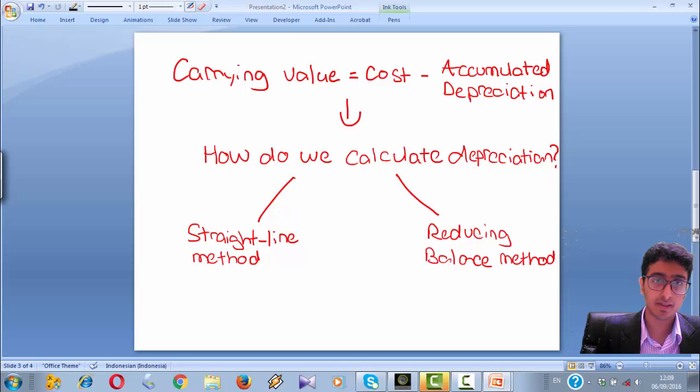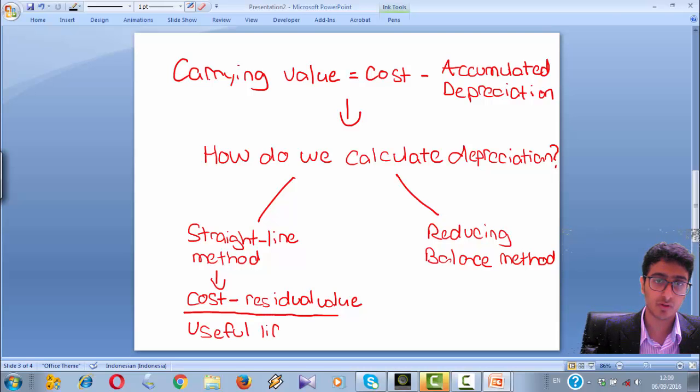The straight line method is simply cost minus residual value divided by useful years. Useful years or useful life of the asset.